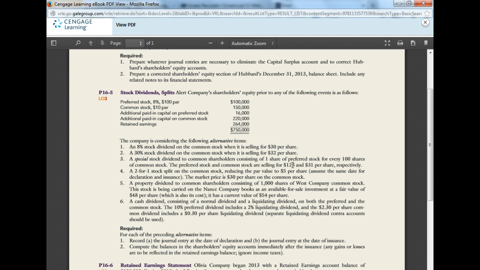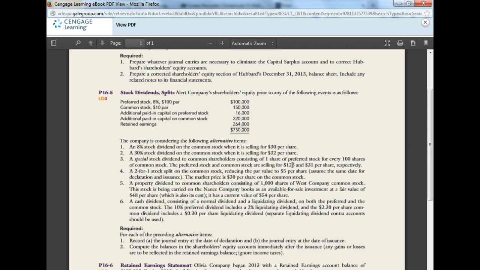So if we're going to have an 8% stock dividend on common stock when it's selling for $30 a share, how are we going to calculate the transaction we're going to record there? 150 shares of common stock times $30 per share times 8%.